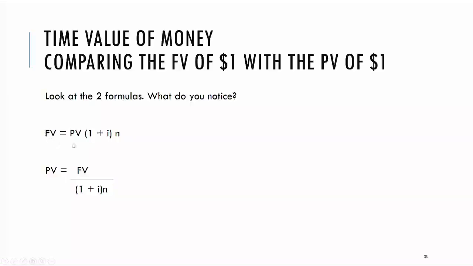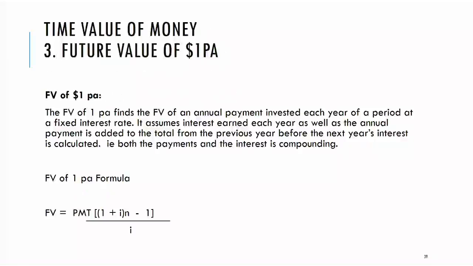Now we need to calculate the present value, so just twist this formula around. Leave the present value here and move this part to the other side, so it will come underneath. So future value divided by (1 + i) to the power n. So you don't need to remember both formulas. Just remember one and you can make the other one. Clear? Yes. Right. Future value of $1 per annum.